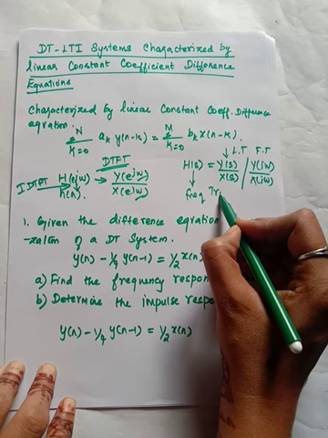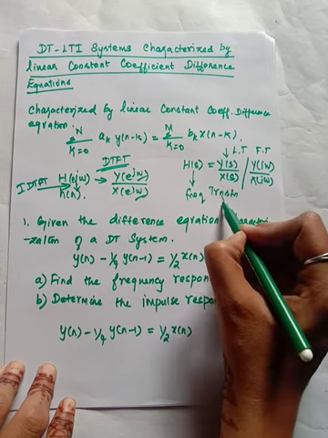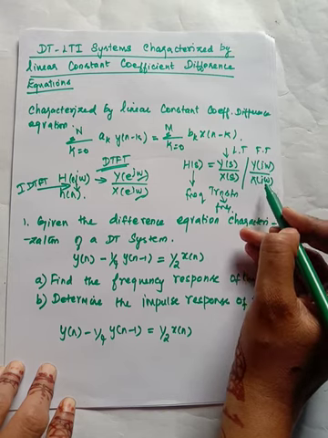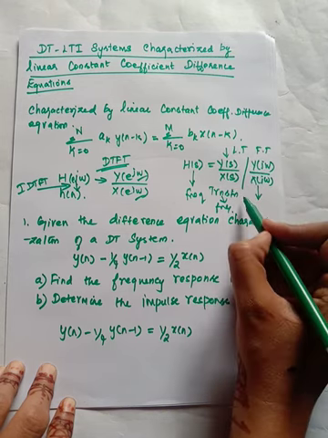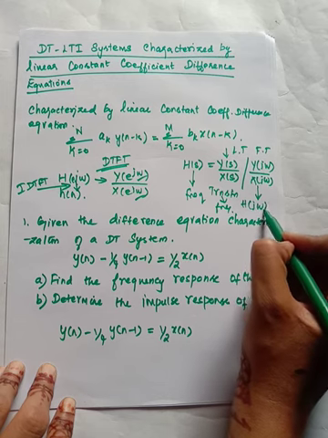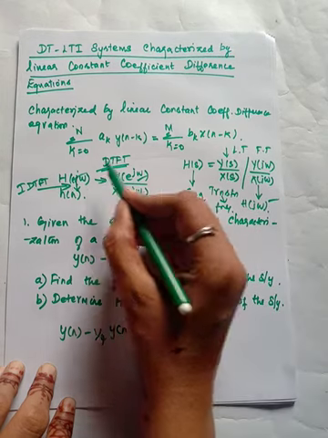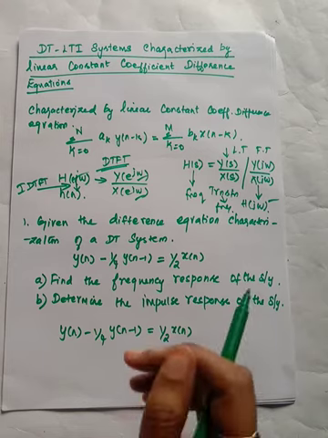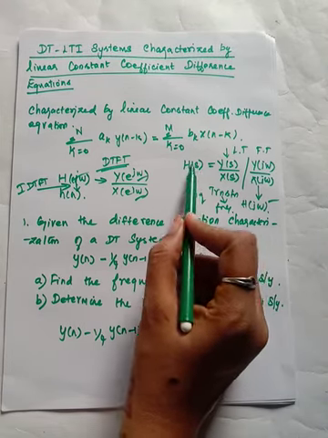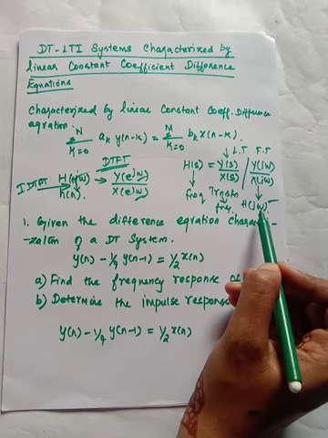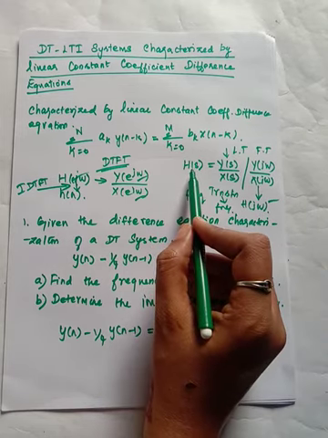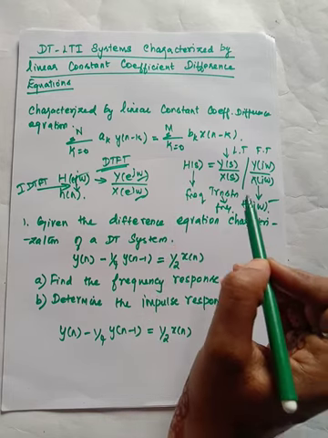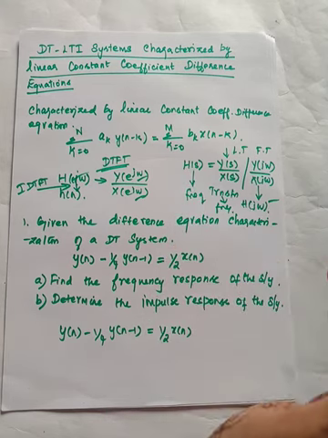The transfer function becomes the frequency response. Here it is in terms of omega, so we can write it as H of j omega. You need to know the difference between the transfer function and the frequency response. This is H of s, the transfer function. If this transfer function is written in terms of frequency, it is known as the frequency response of the system.